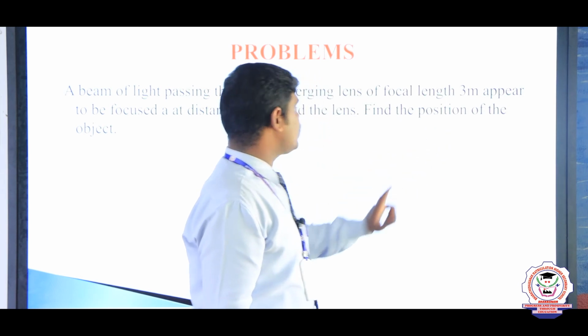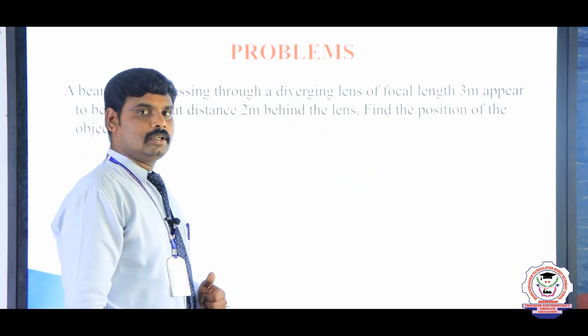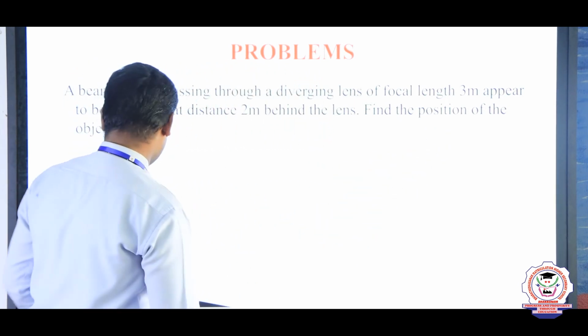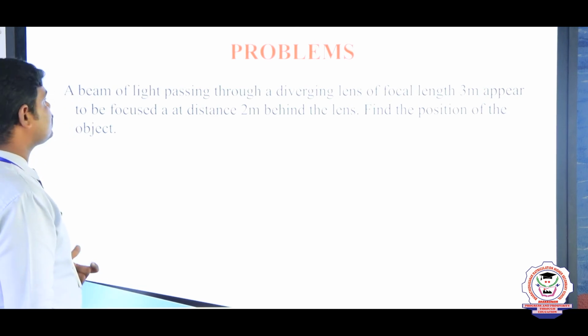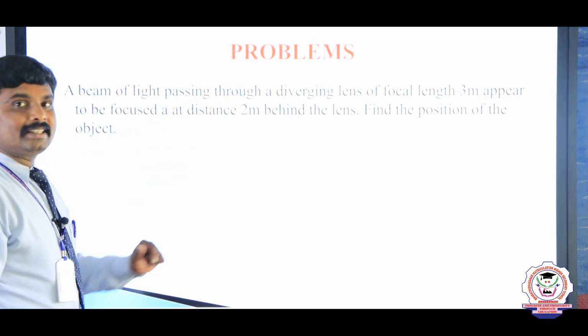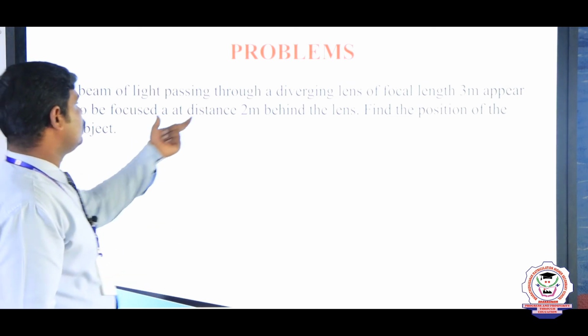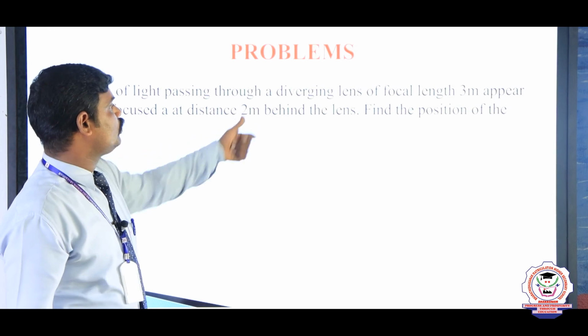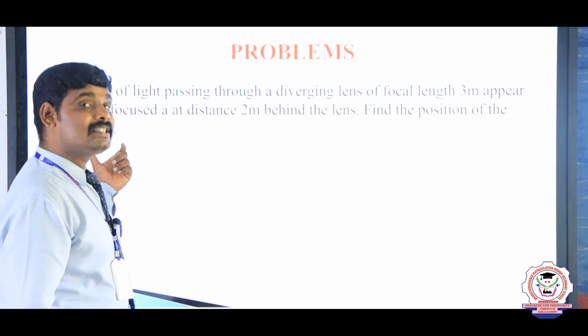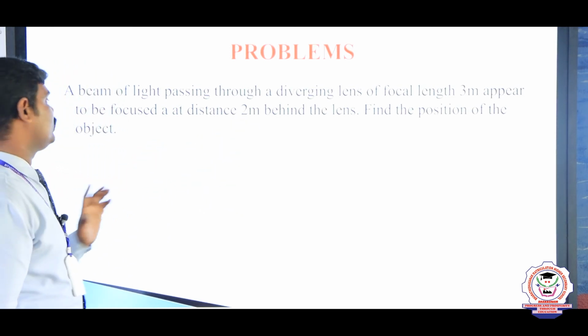Find the position of the object. Here the focal length f is given and the image distance 2 m, so the image is given, and u is unknown.